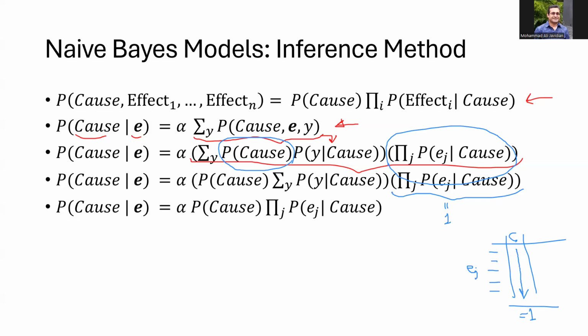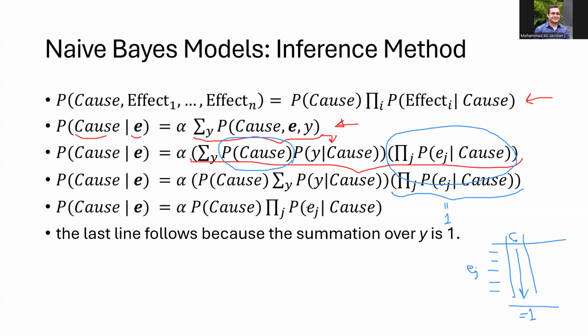Based on this rule, the probability can be written very simply as P of cause times P of evidence given that cause. And this evidence are those variables that are observed. You see that all of them that are unobserved are gone. It's not part of this equation anymore.